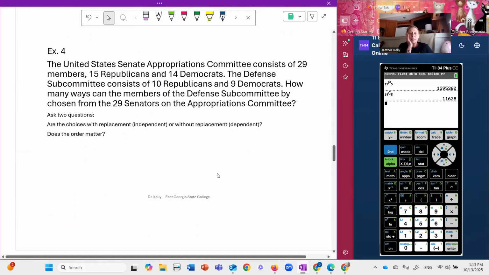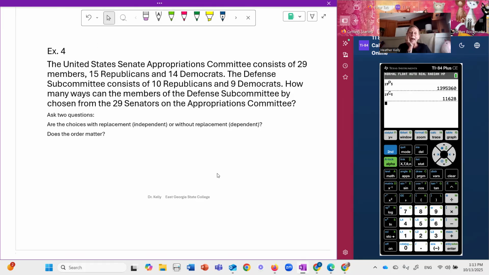The United States Senate Appropriation Committee consists of 29 members, 15 Republicans, and 14 Democrats. The Defense Subcommittee consists of 10 Republicans and 9 Democrats. How many ways can the members of the Defense Subcommittee be chosen from the 29 senators on the Appropriations Committee? So let's go back there.